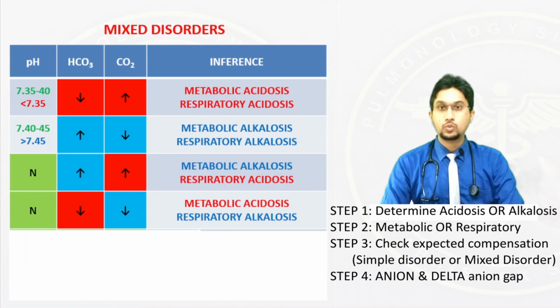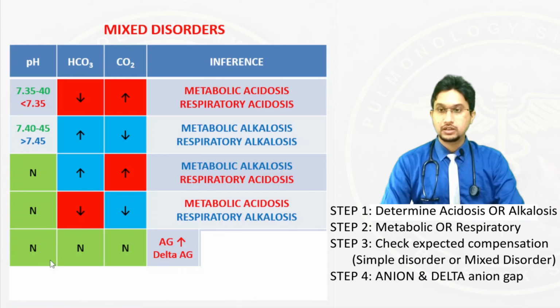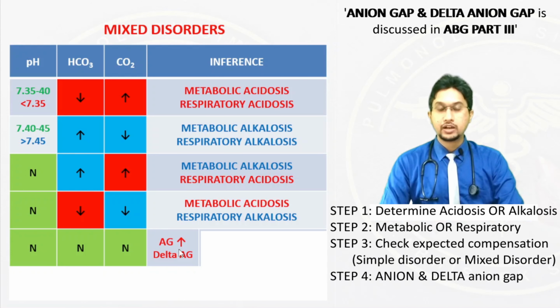Now sometimes what happens is this scenario where the pH is normal, the bicarbonate is normal, the carbon dioxide is normal. There are a lot of ABGs where the values are within the normal range. But what you should not miss is to calculate the anion gap. If the anion gap is elevated, check for the delta anion gap. Regarding this anion gap and delta anion gap, I have explained in detail in part 3 of ABG Simplified.